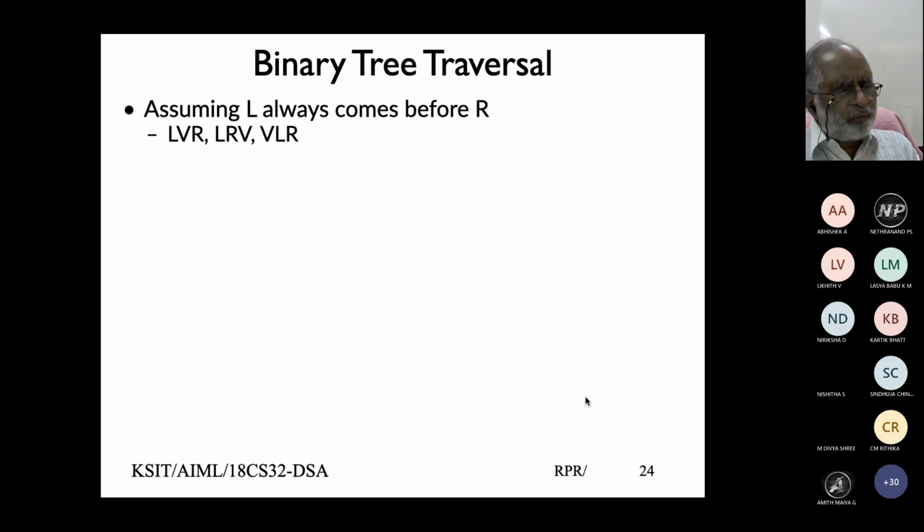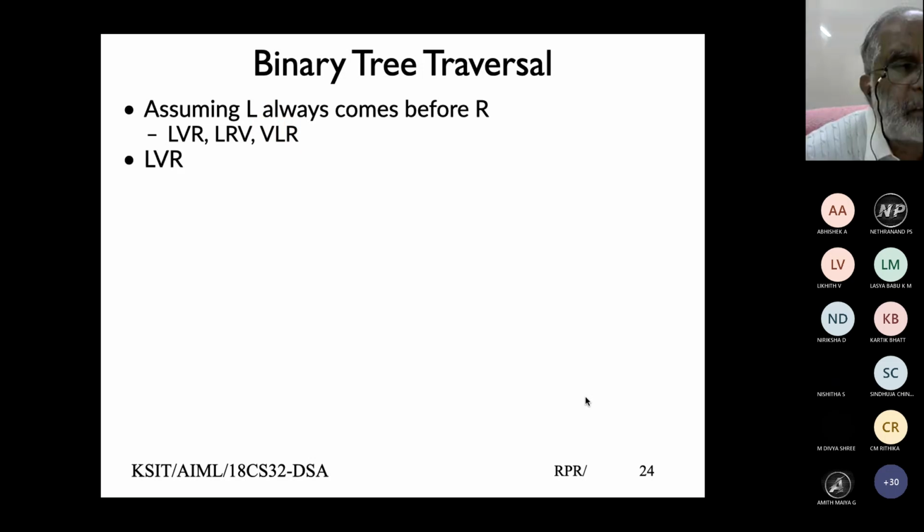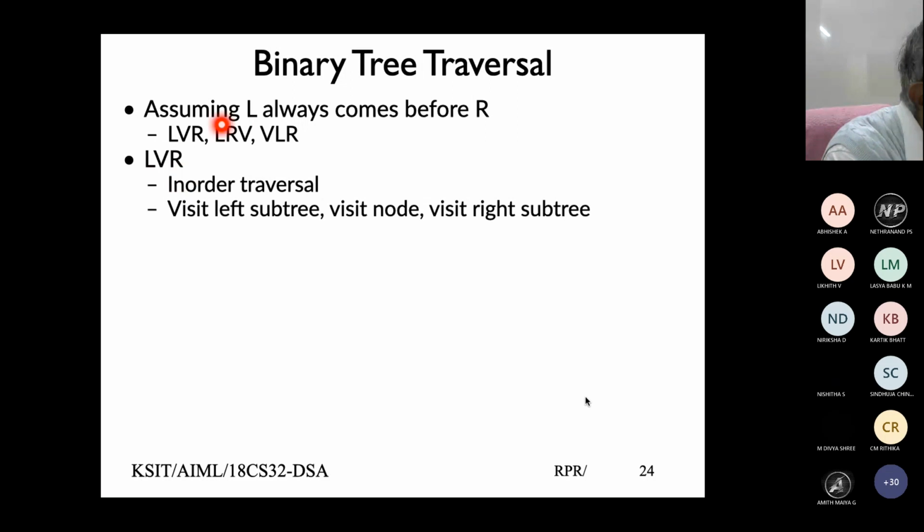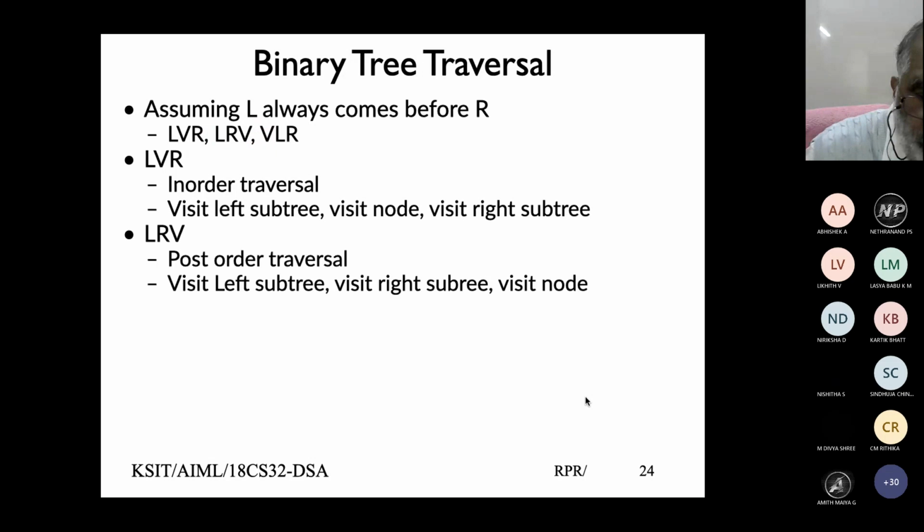LVR, that is visit left, then visit the node, then visit right, is known as in-order traversal. LRV, visit left subtree, visit right subtree, visit the node, is called post-order traversal, and if you visit the node first, then left and then right, it is called prefix or pre-order traversal.